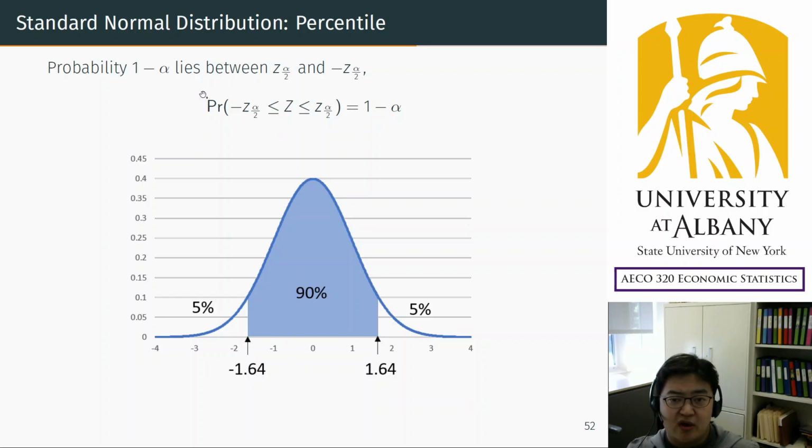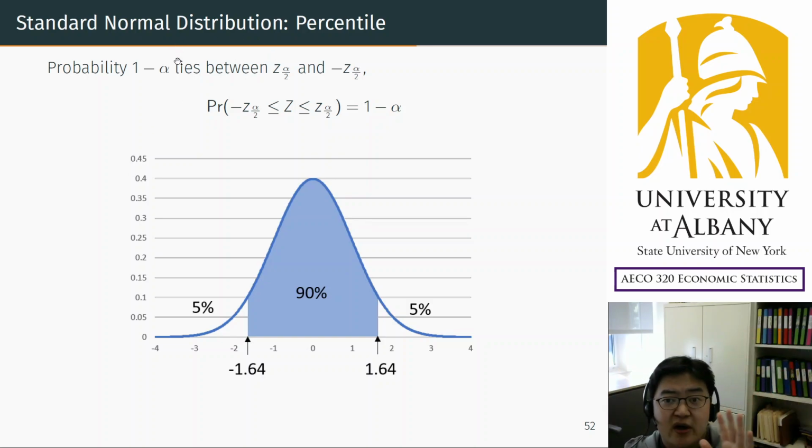This is another way to express that. Say 1 minus alpha probability lies between this interval. So you'd like to exclude probability alpha. And then the excluded probability alpha must be split on both sides, on the top and on the bottom.